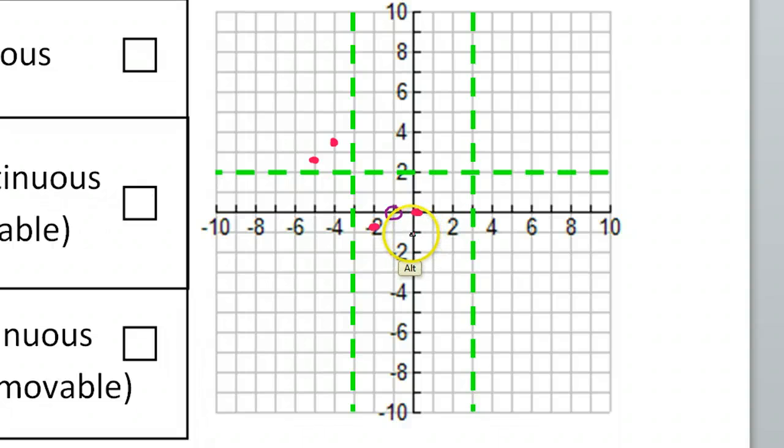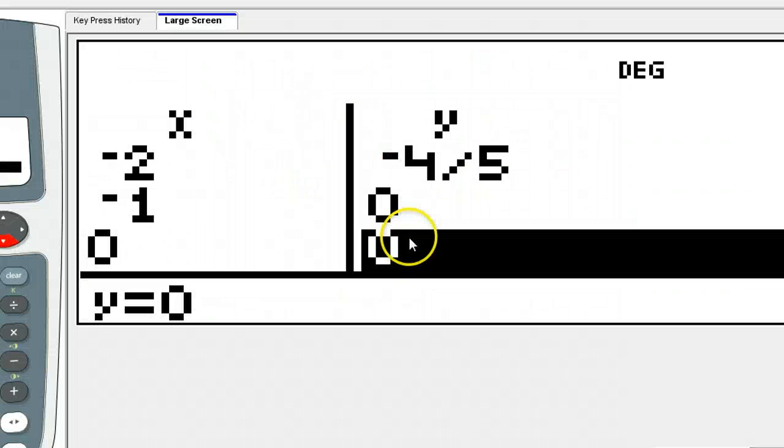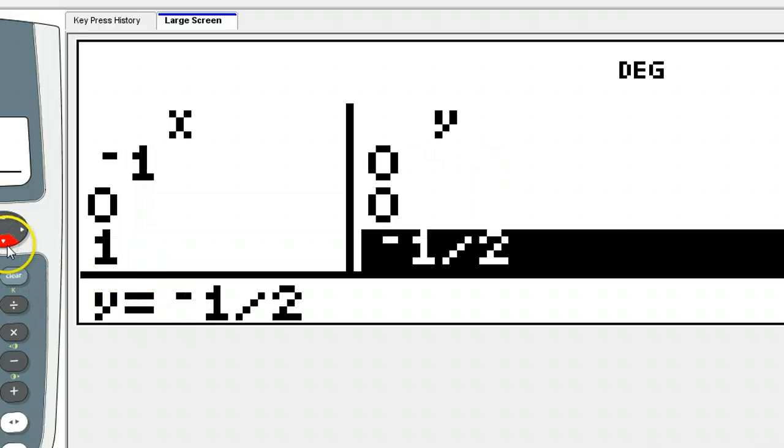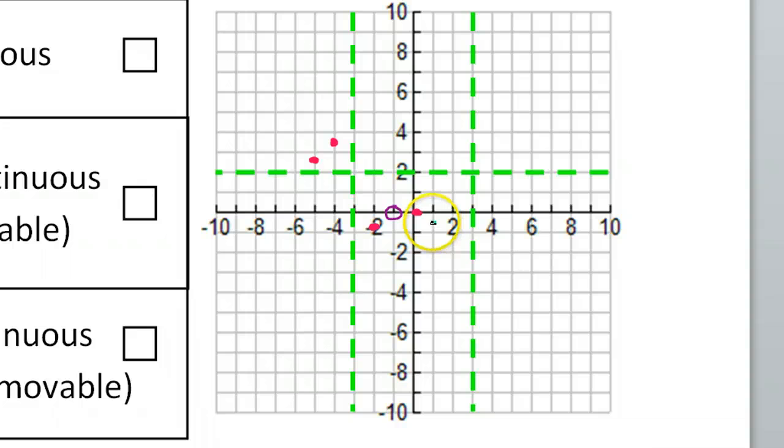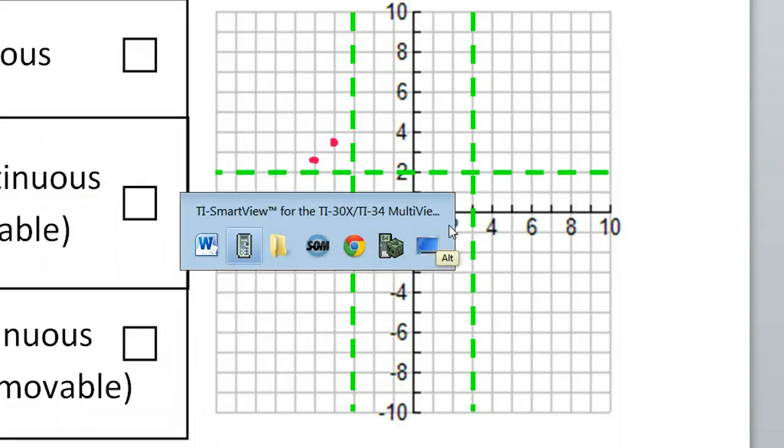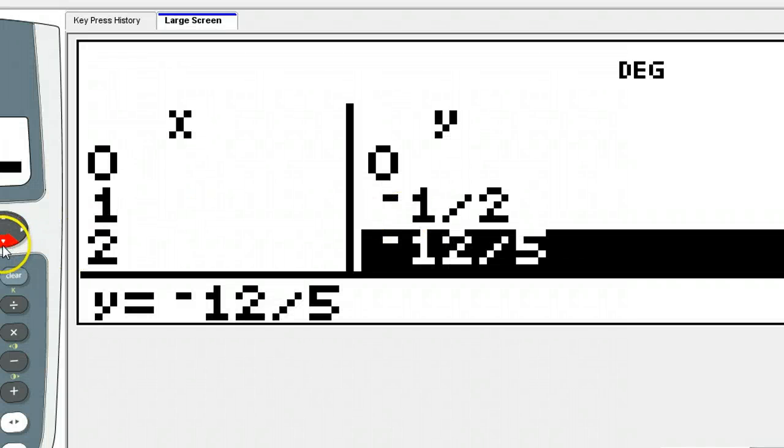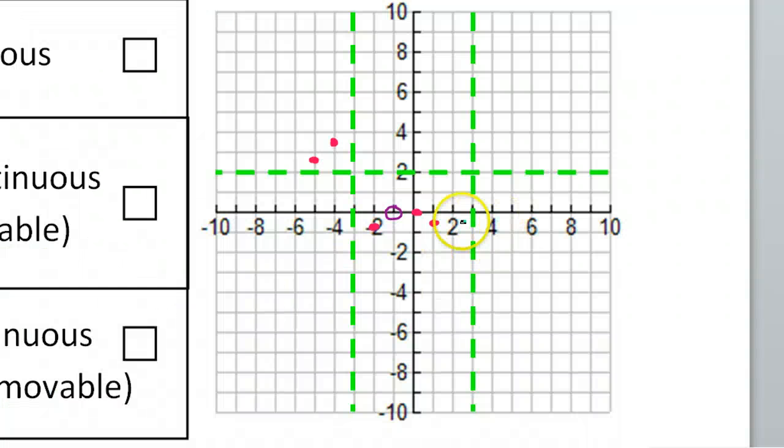Alright, and then at 1, we have negative 1/2. That'd be right here. And at 2, we have negative 2.4, which would be about here.